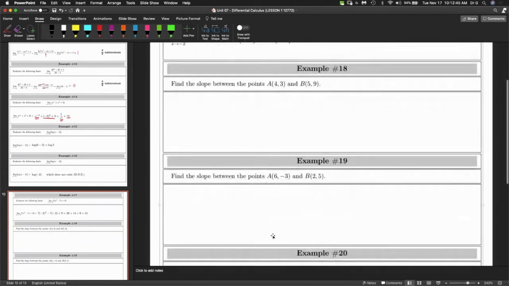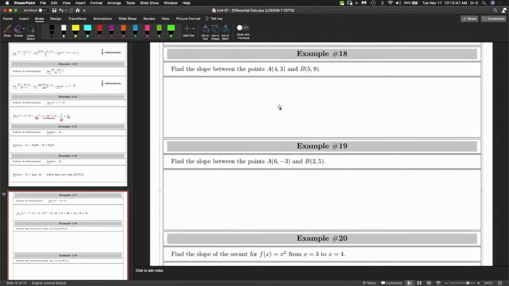Who remembers how to find the slope between 2 points in a graph? This is grade 10. No, grade 9. Who remembers that from grade 9? How do you do that? What's the formula look like? Anybody remember the formula for slope?